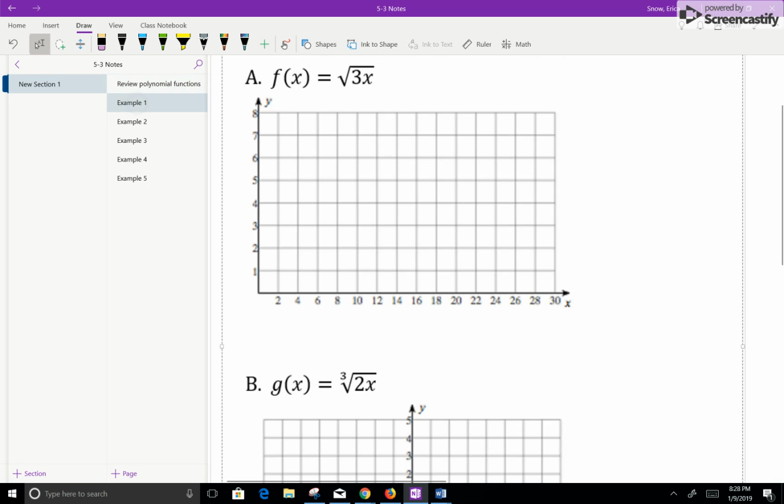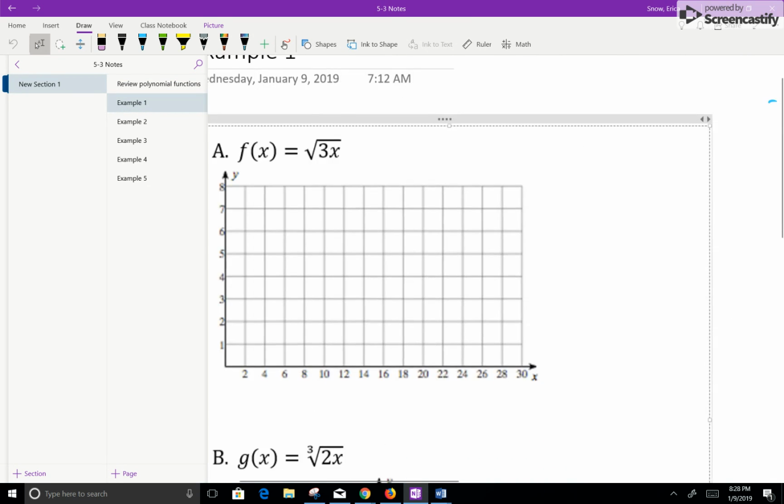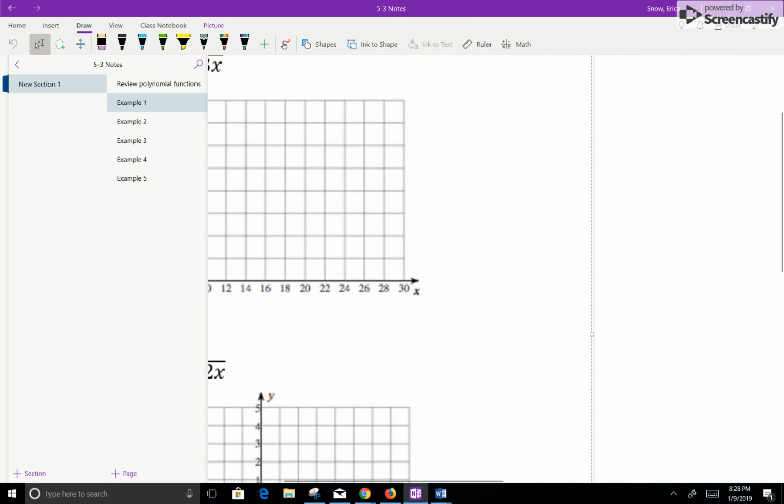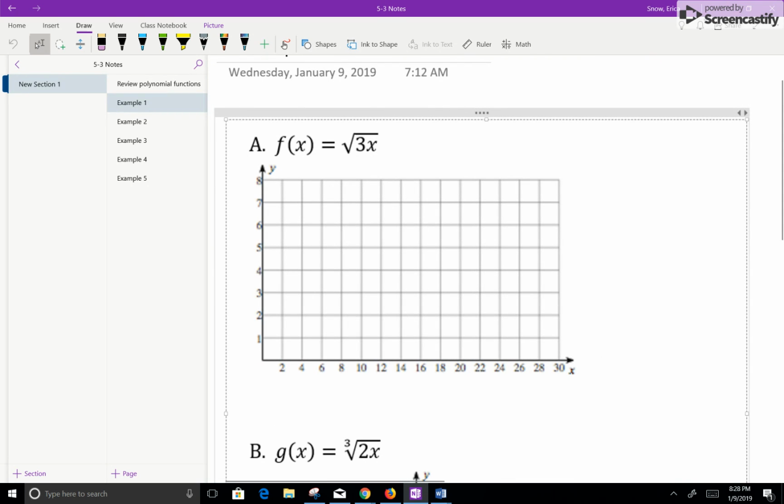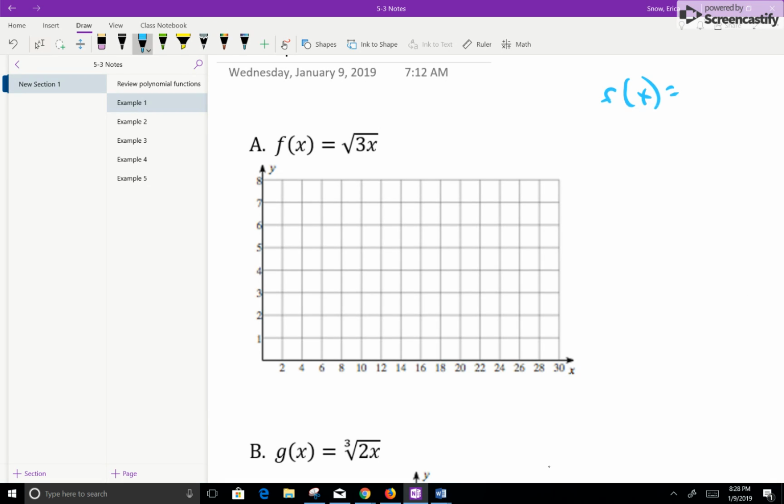So I'm going to go to your notes page, and even though it says, let's talk about the domain and range of the cube root of x, I want to first talk about the domain and range of the parent function f of x equals just square root of x. When you're talking about domain, you're talking about the smallest or the largest that x can be.